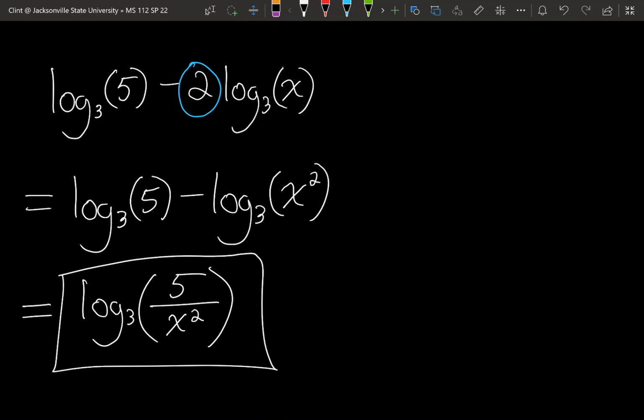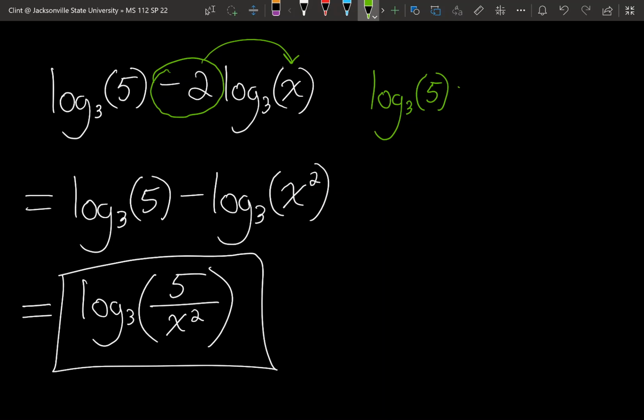Another way of thinking about that one, as long as you're using the properties, there's more than one way to go about these. You could have taken a negative 2 and moved it up as the exponent. If we do that, we'd have log base 3 of 5 plus, because we got the negative, log base 3 of x to the negative 2.